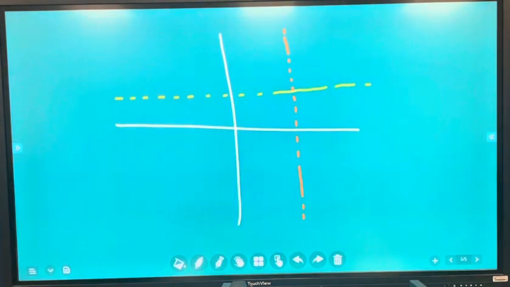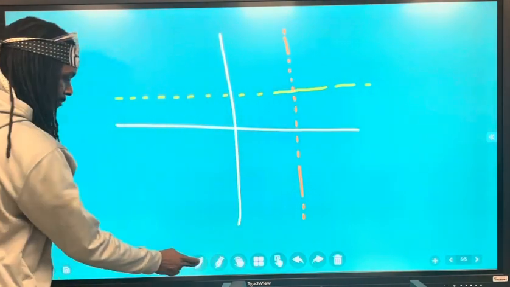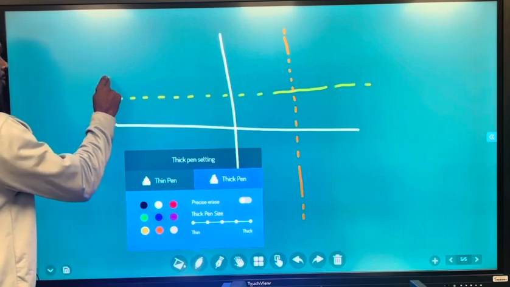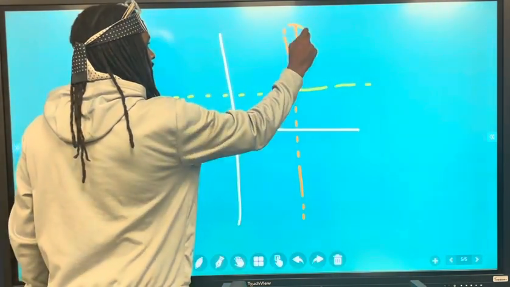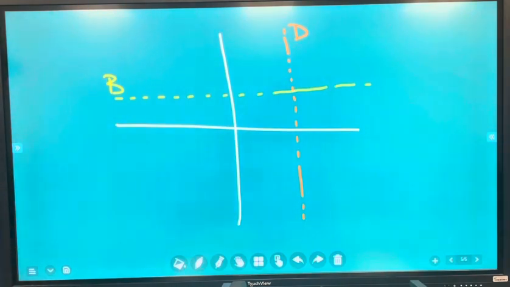Now, taking a look at this one, we'll call this line B, and we'll call this line D. If you look here, line B and line D are what we call perpendicular.